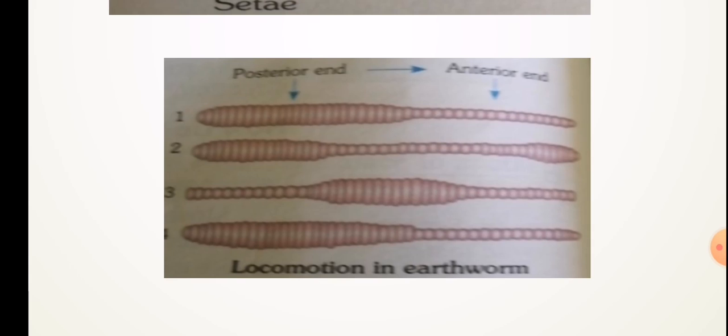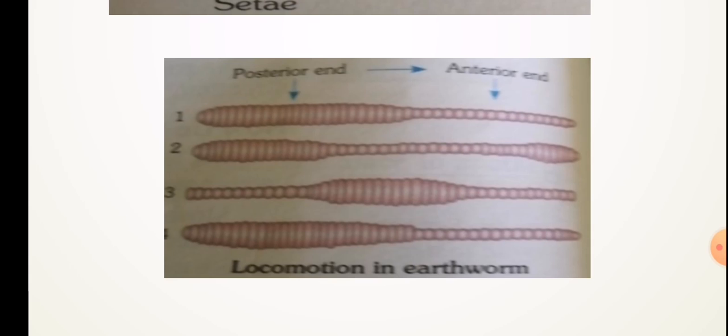Okay, in this video we have discussed the different organs of the skeletal system, how our muscles work, and how locomotion takes place in different organisms. Birds can fly, and some can also swim or hop. In the same way, the snail moves with its muscular foot.